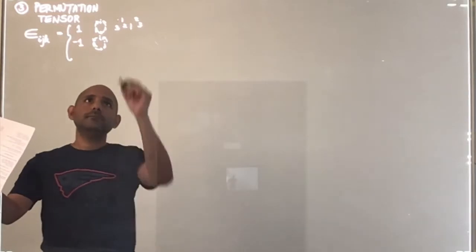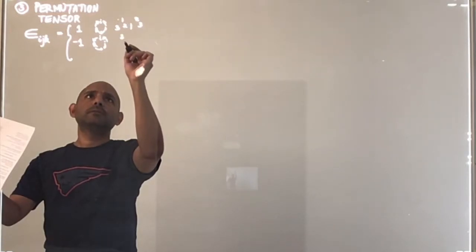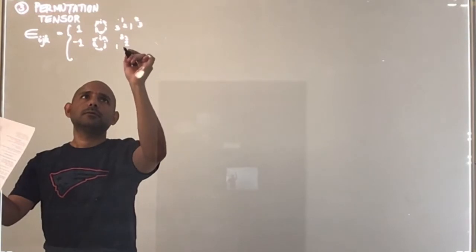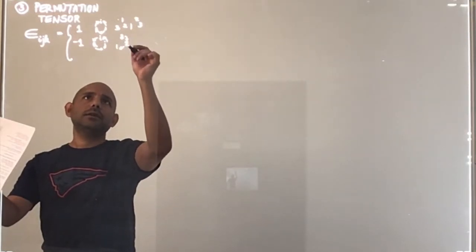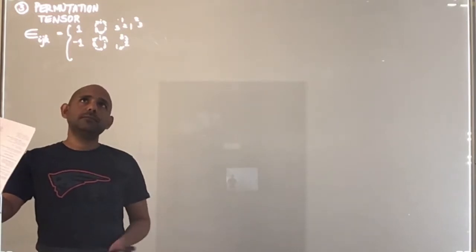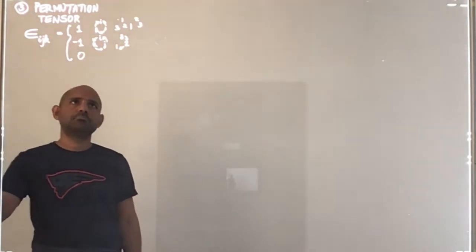So, for example, if it is 3, 2, 1, okay? In other words, I is 3, J is 2, K is 1, etc. Then it's -1. And it's 0 for the rest.